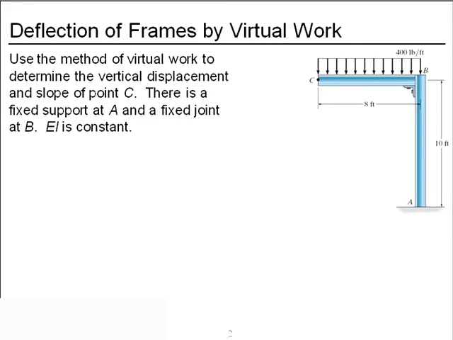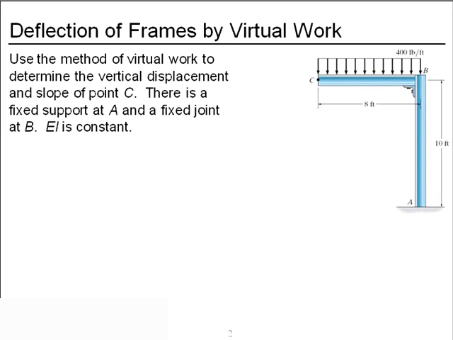And here's our frame. It's determinate with only reactions at point A. Now I will point out we can use the virtual work method to predict displacement and slope in an indeterminate frame. However, the analysis to find the moment equations becomes much more challenging.